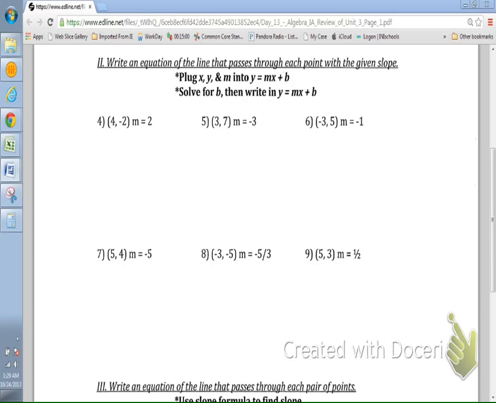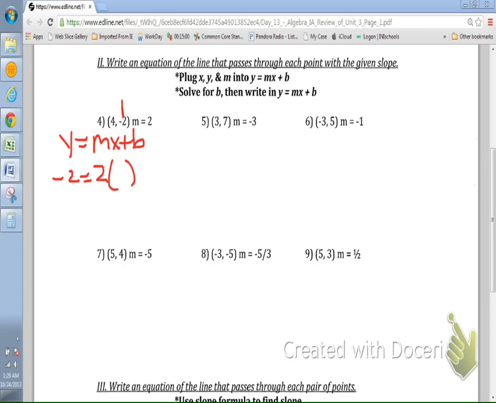So our first step was to plug in to the equation the x, y, and m. So y equals, I always think it helps to just write the formula every single time. Y equals mx plus b. Y is equal to -2, that was right there, and m is equal to 2.